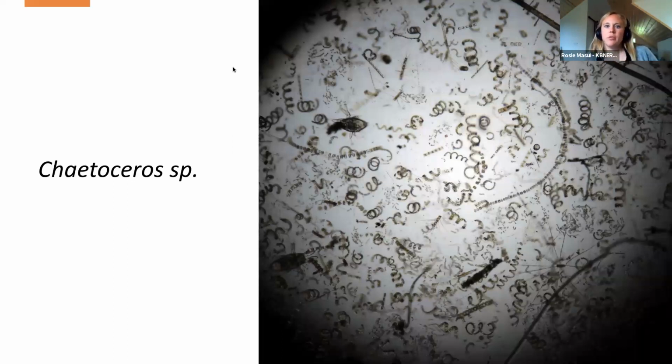So I'm going to do this a little bit differently and tell a few short stories about these ones that we can see and have seen in Kachemak Bay. So the photo on the right-hand side is me looking under the microscope and seeing a Chaetoceros bloom. What had been happening here in Kachemak Bay, this was in early 2011, all of a sudden we were hearing from some folks that there were some issues in the fishing hole in Homer.